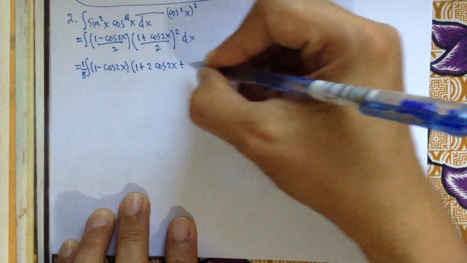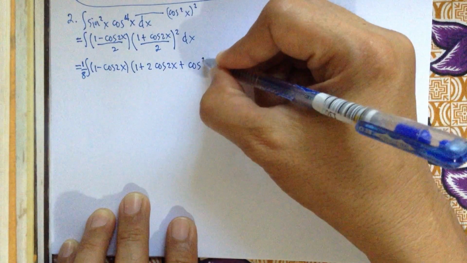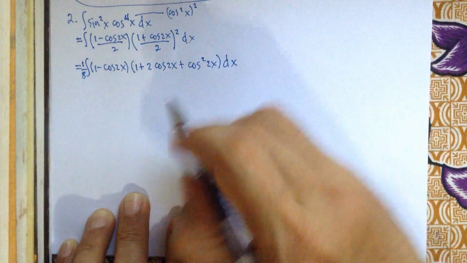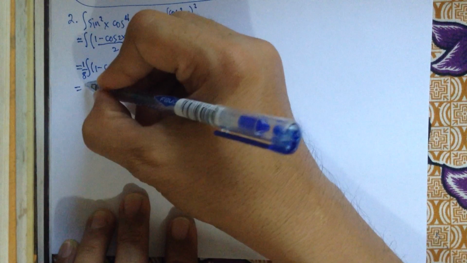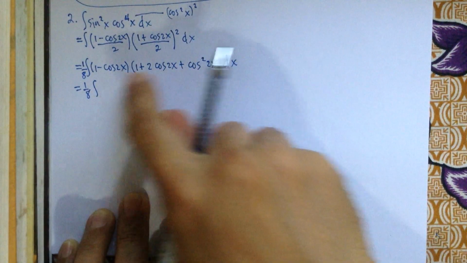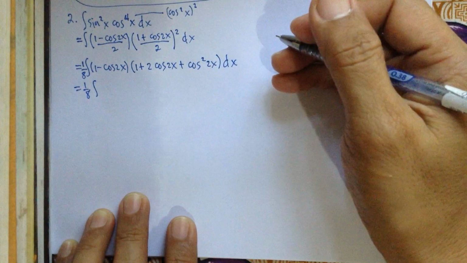Okay, the integral of 1 minus cosine 2x, well, the expansion of this is 1 plus 2 cosine 2x plus cosine squared 2x, okay, dx. Then we're going to multiply these two expressions here.